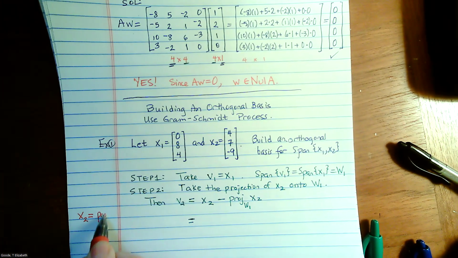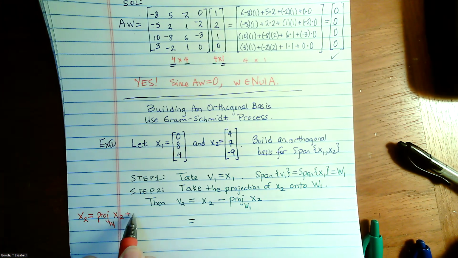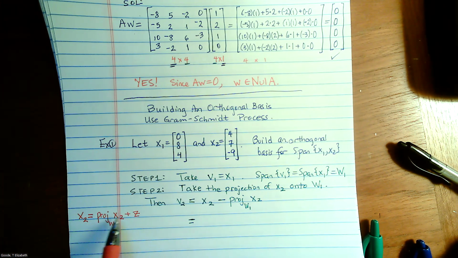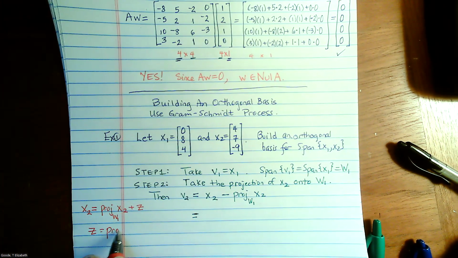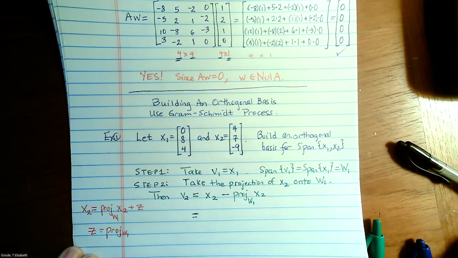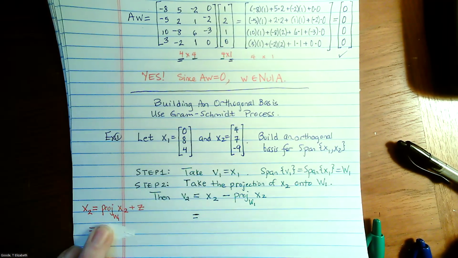The projection of X2 onto any space W, in this case W1, plus a component Z. And this component Z is simply defined to be the difference between X2 and the projection onto W1 of X2. Just subtract the projection from both sides. I meant to put the X2 first.